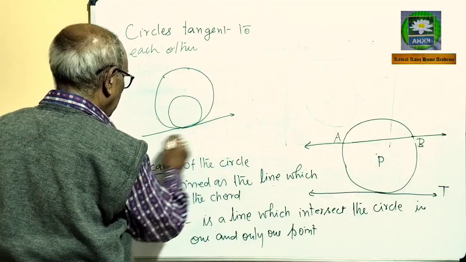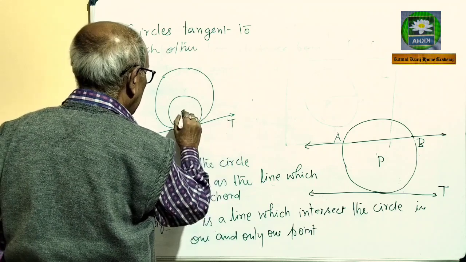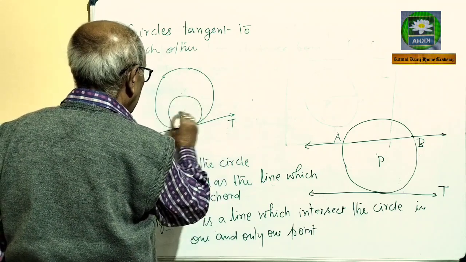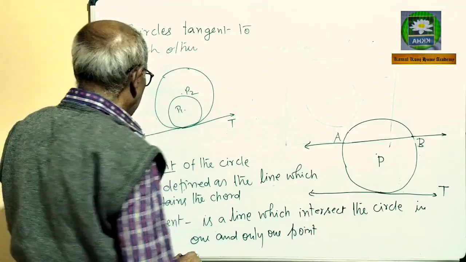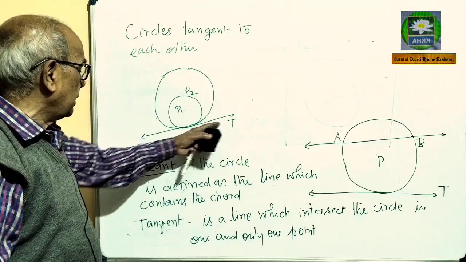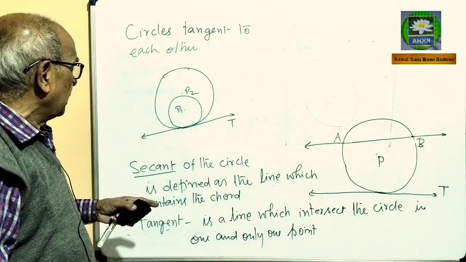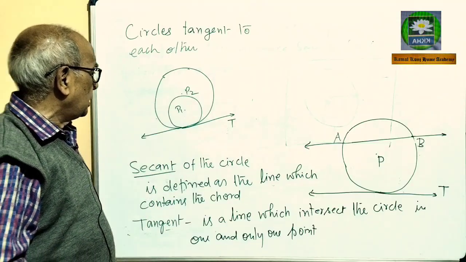See the tangent line T, and this line is tangent to both the circles. Then these two circles are called tangent to each other.